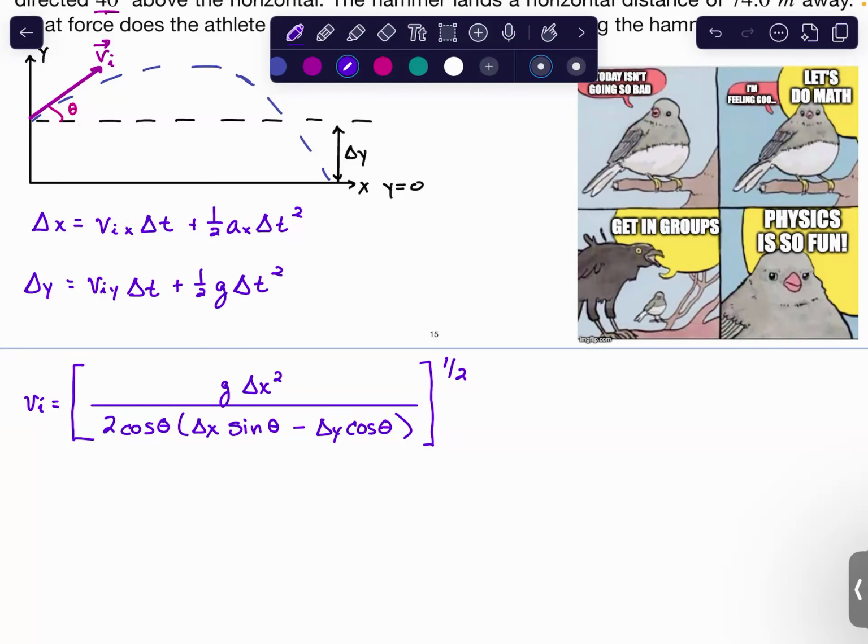But delta T is time. We know that it moves from the origin to 70. You're trying to get rid of it, right? Yeah, but you don't need that yet.